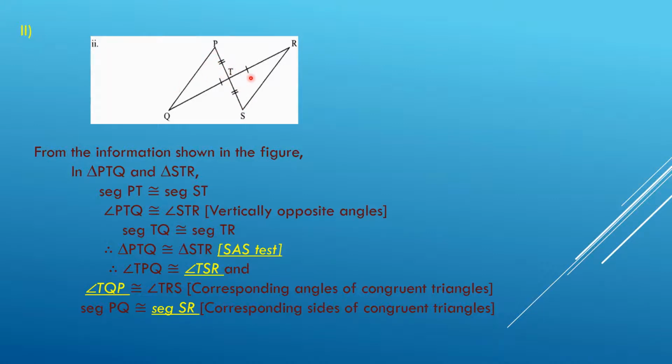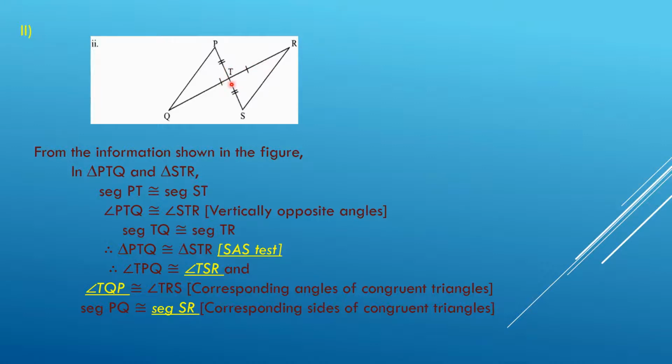These two angles are vertically opposite angles that are congruent, and segment TQ is congruent to segment TR. By which condition are these two triangles congruent? Triangle PTQ is congruent to triangle STR by SAS test.